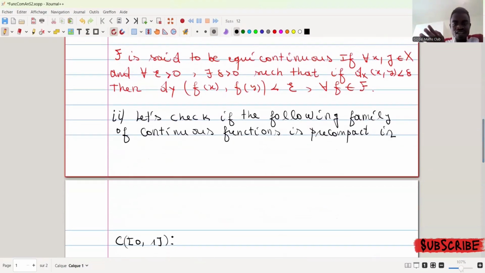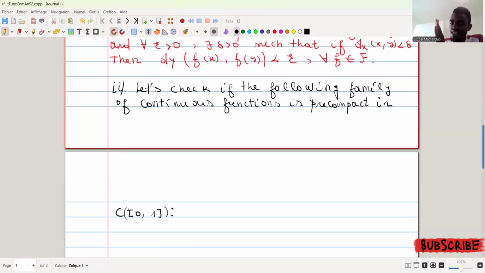If you don't even know what you need to do, that is the problem. The problem sometimes is that they ask you a question, but you don't know what to do. So what we have to do here is to show that the family of continuous functions is bounded and equicontinuous.